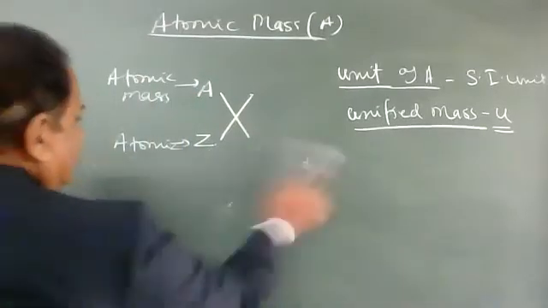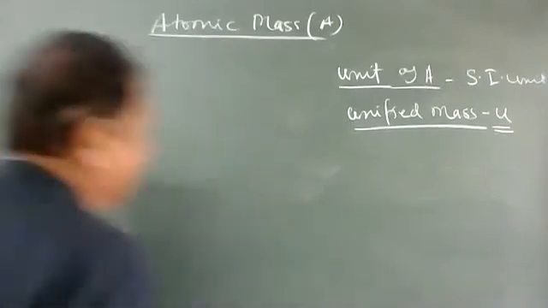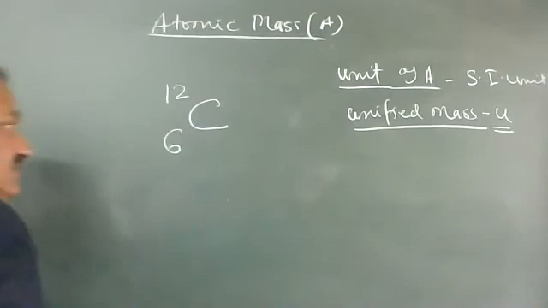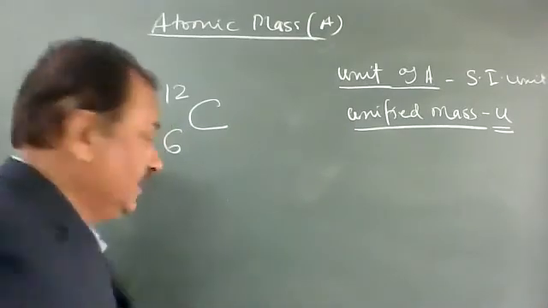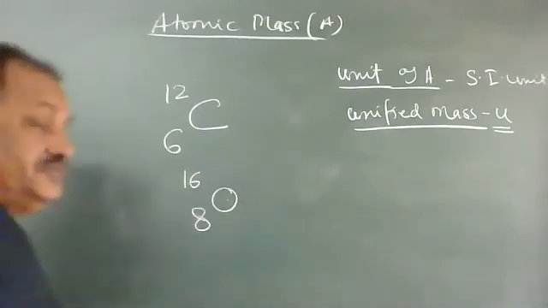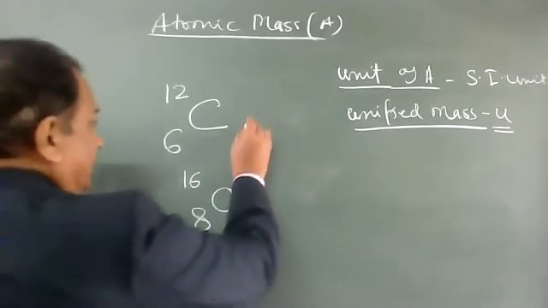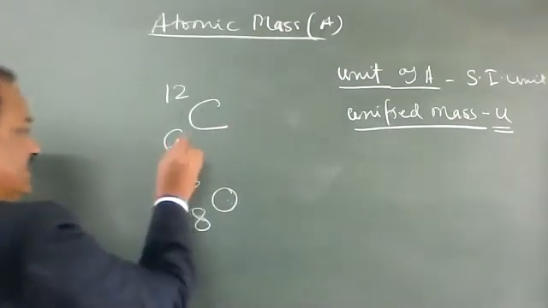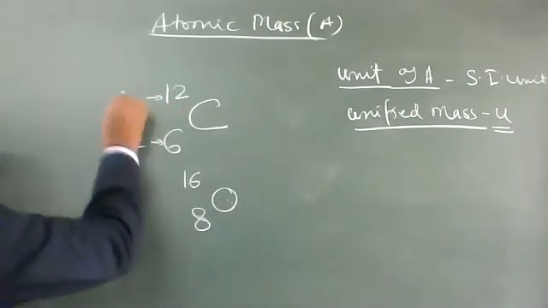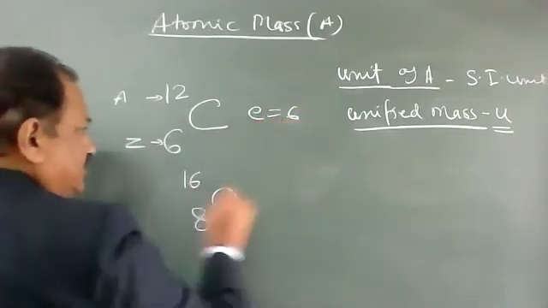So normally, like this, see, I am writing here carbon, here is 6, here is 12, very simple. Oxygen 8, oxygen 16, very simple. In this case, Z is 6, so electrons are equal to 6.